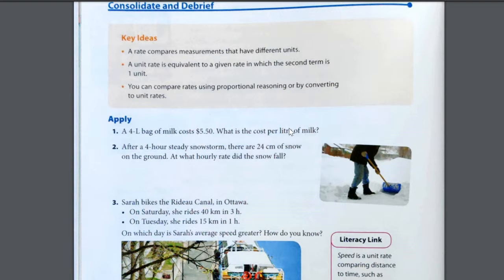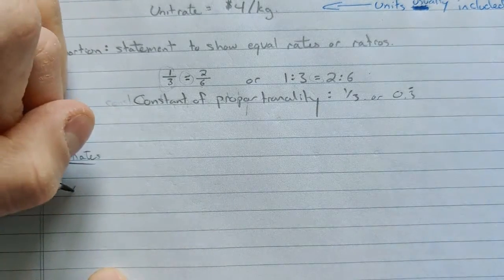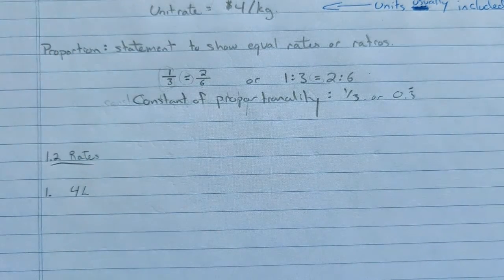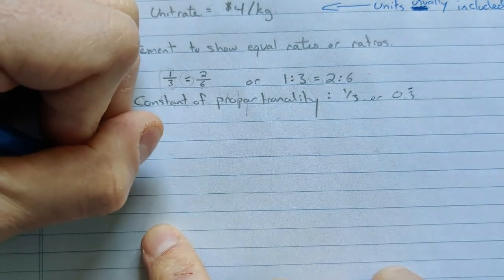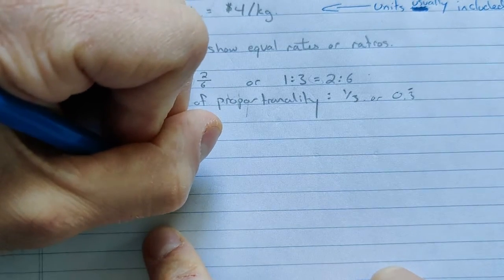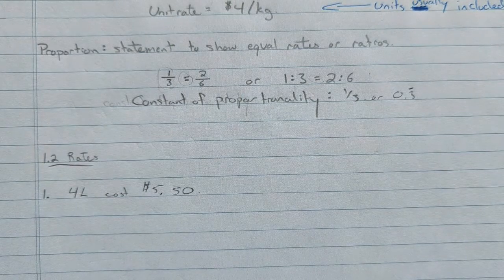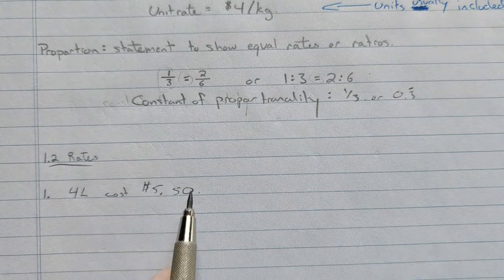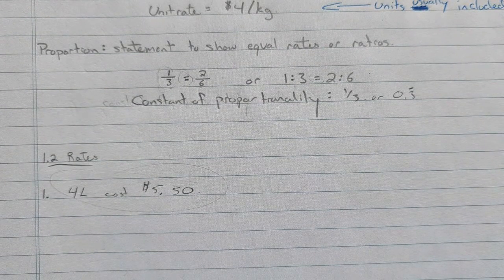So looking at that question, we have 4 liters of milk, and it costs $5.50. And so we want to know the cost per liter. So this isn't laid out right. They gave it to us, 4 liters cost $5.50. We don't want that. We want dollars per liter.